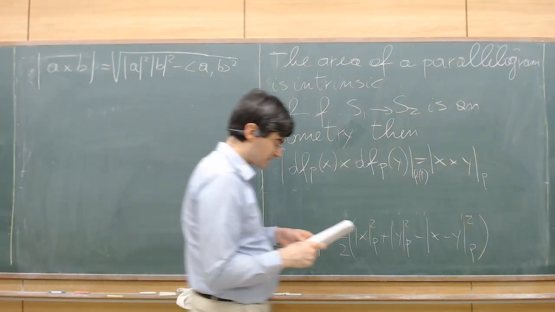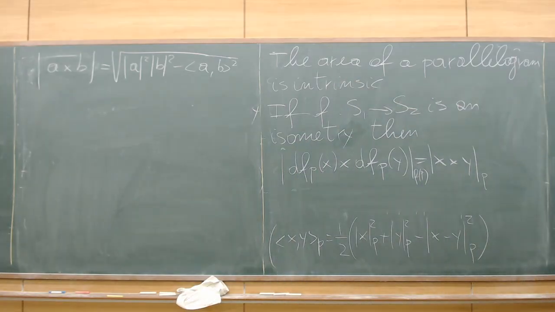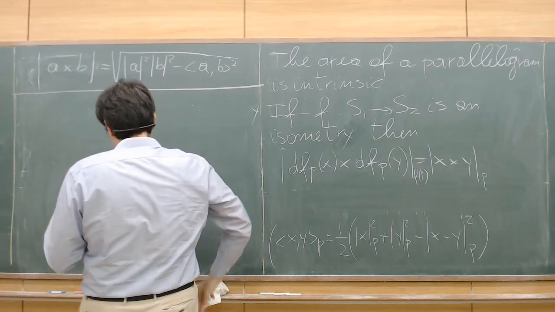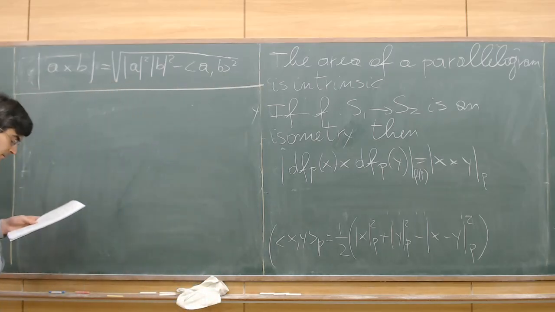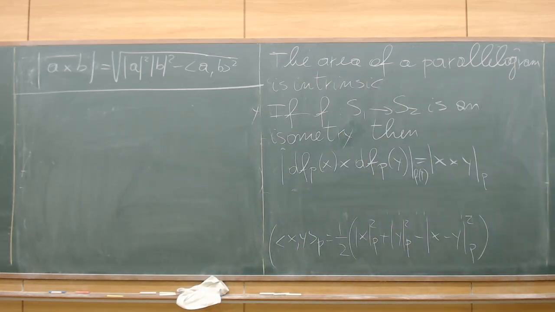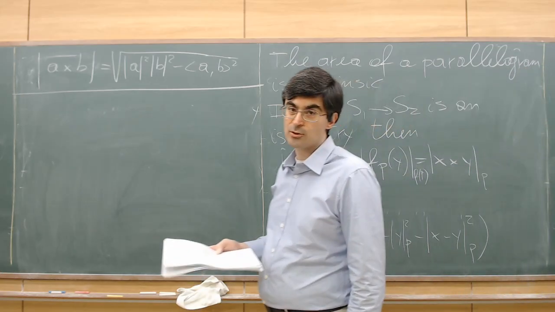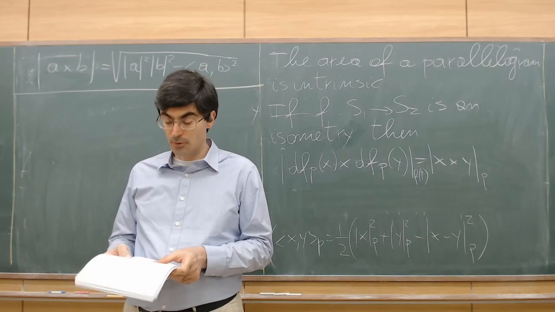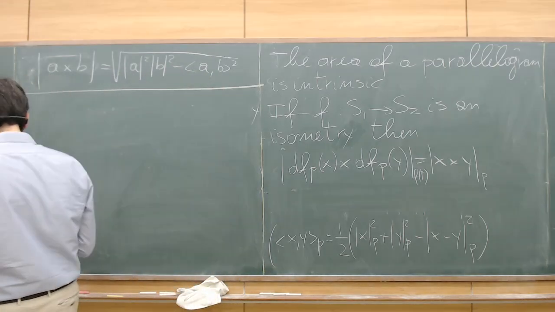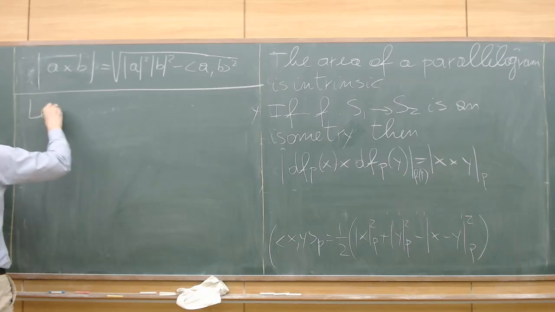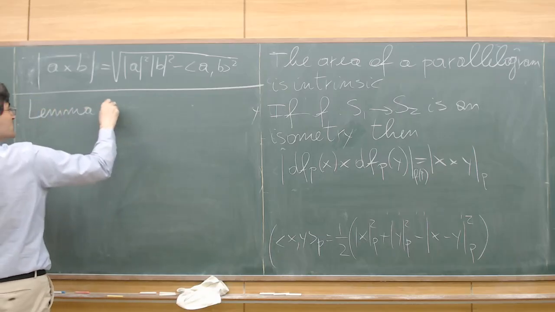Then the next result says that it's easy to find examples of isometries because the rigid motions we studied before are isometries. So let's be more precise.